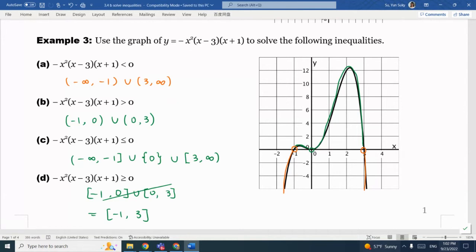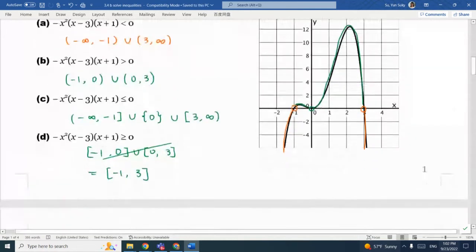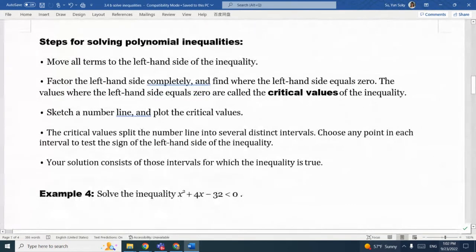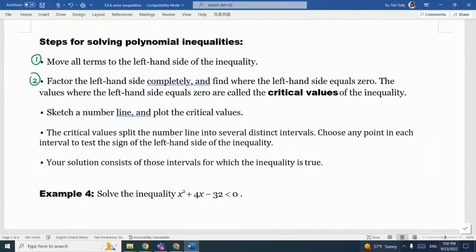So we are given the graph of the function, then we can solve the inequality. All right. So in general, given polynomial inequalities, how do we solve it? Well, first step, move all terms to the left-hand side of the inequality. Second step, factor the left-hand side completely and find where the left-hand side equals 0.